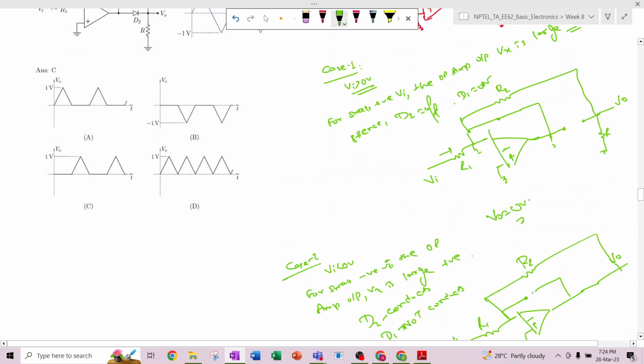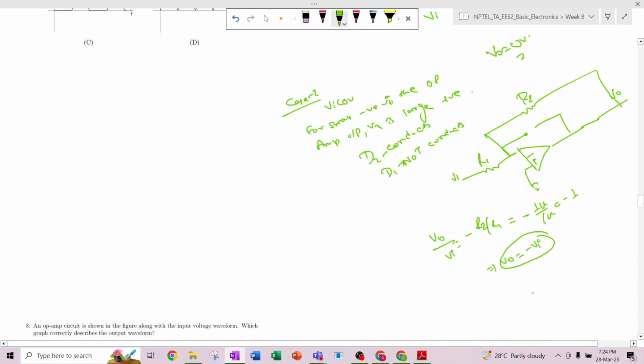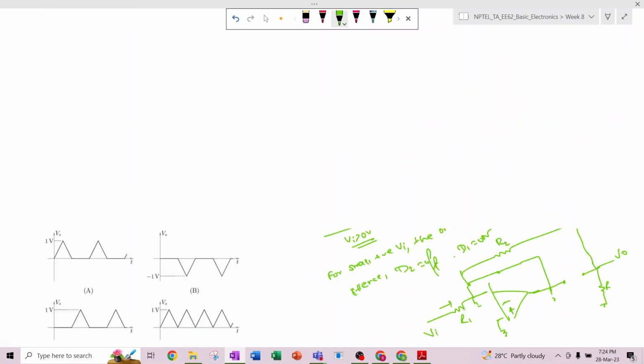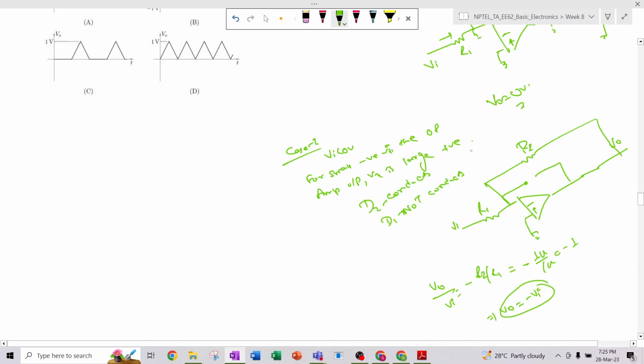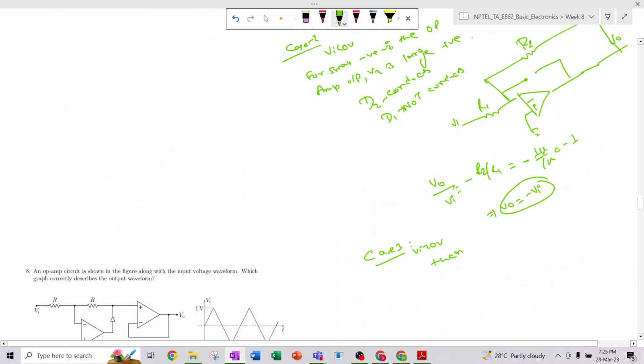Okay, yeah. And case number 3, if we put Vi equal to 0 volt, what happens? We can easily see this is 0 volt already, so this is also 0 volt, no current is flowing through this, that means no current will flow through this, and Vo will also be equal to 0. So Vo is equal to 0 volt.